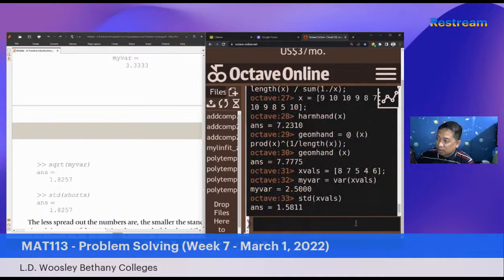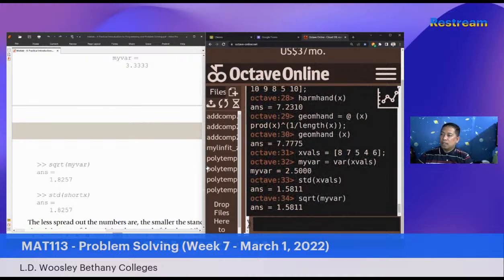So, yeah, that could be computed. May iba lang yung data dito, but still the same parameter whether you compute using std, diretso dun sa variable, or this could be a square root of your variance.